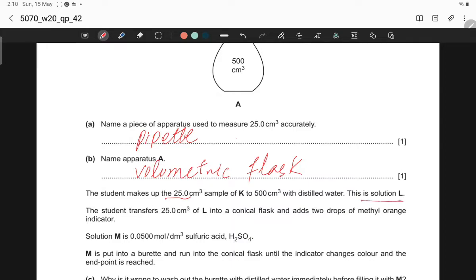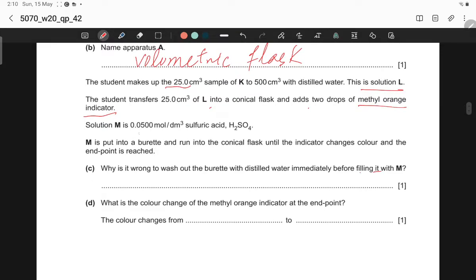This is solution L. The student transfers 25 cm³ of L into a conical flask and adds 2 drops of methyl orange indicator. Solution M is 0.0500 mol/dm³ sulfuric acid. M is put into the burette.